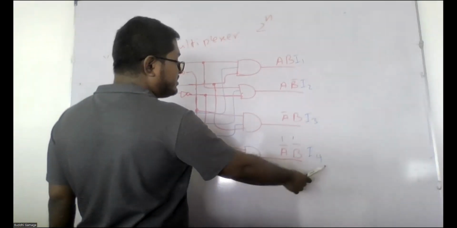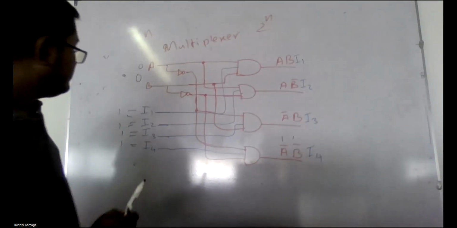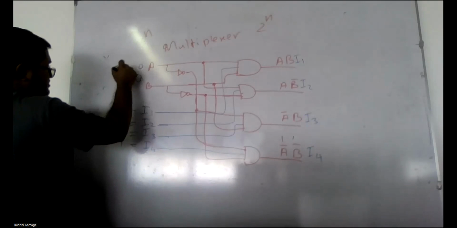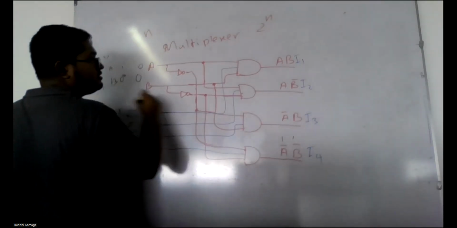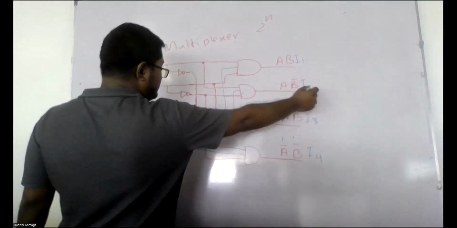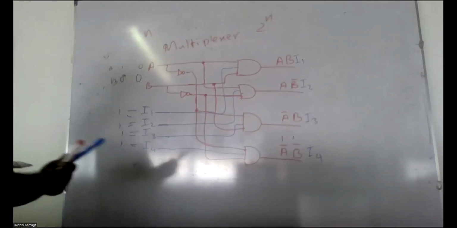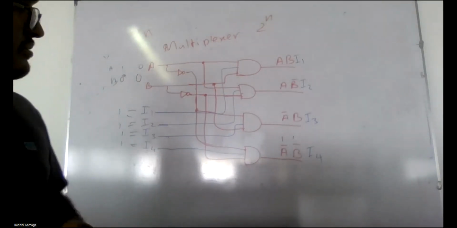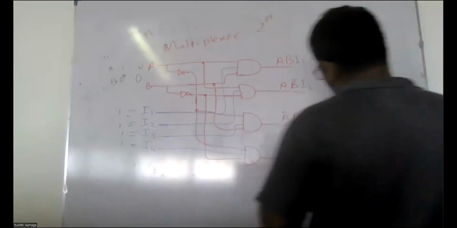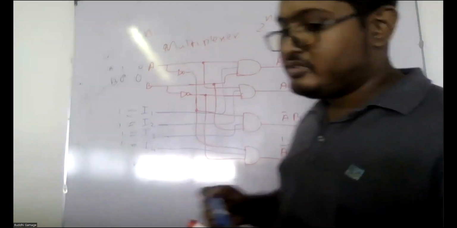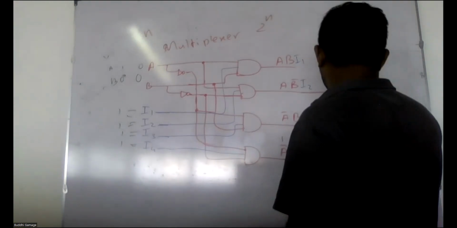Consider this is active, then we'll pass only the value of this I4. Did you get that? And if this is, let's say, 1, 0, then AB bar, so AB bar is I2. Only I2 will be active, right? Likewise. Then, as I mentioned, the multiplexer only has one output. So the output will be the summation of these 4 control lines.